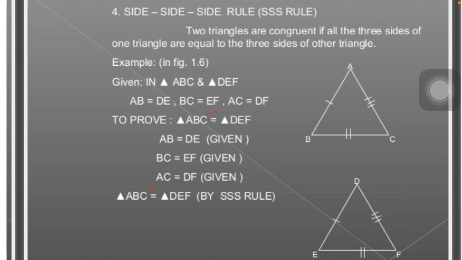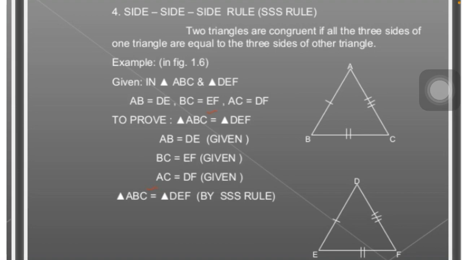Then I have to prove the two triangles to be congruent, so in my proof I will write all three equal sides like this, as you can see in the example, and then I will write both triangles are congruent by SSS rule.